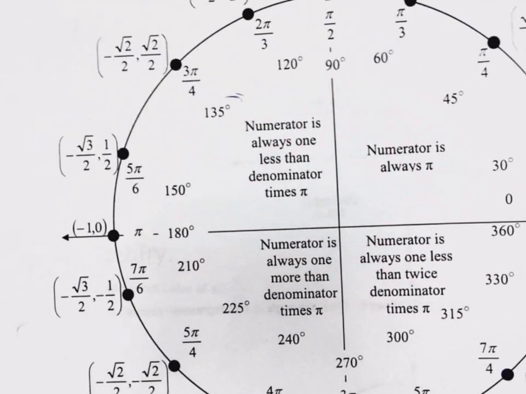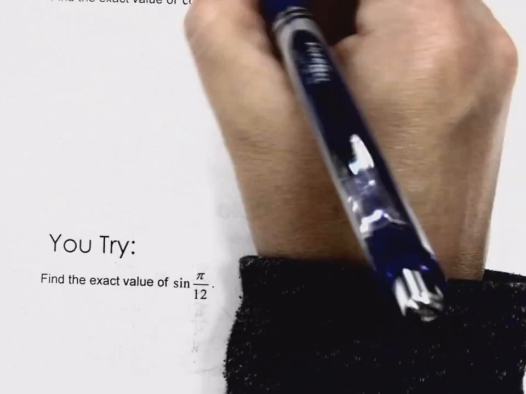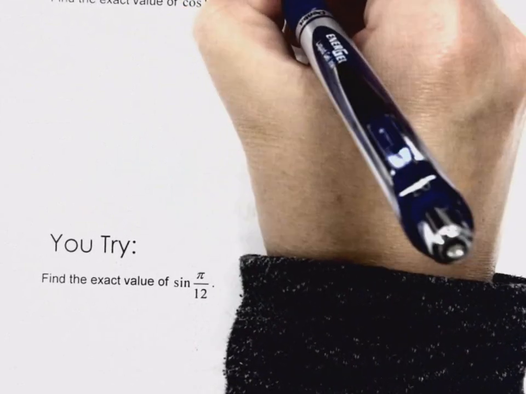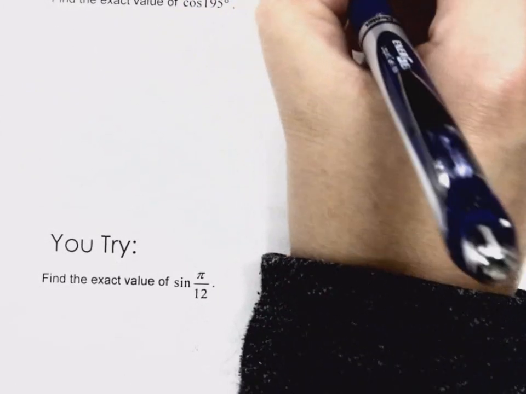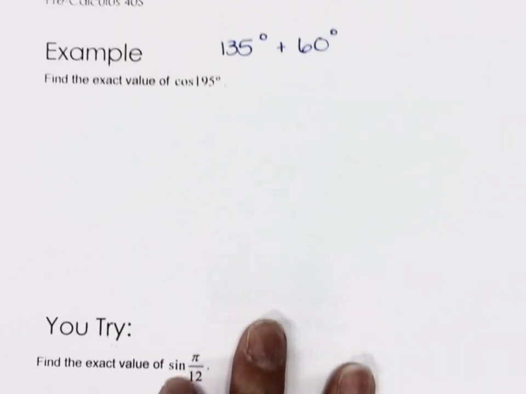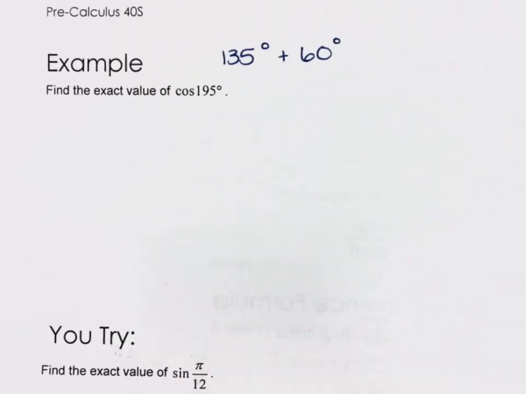Okay, so we are saying 135 degrees plus 60 degrees. So we're doing something in quadrant 2. We're doing a sum identity. So because we're adding them, we go to our sum section.